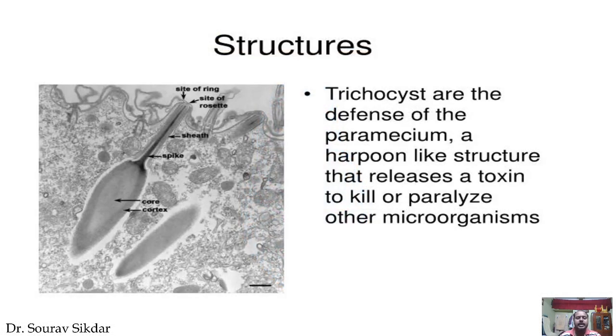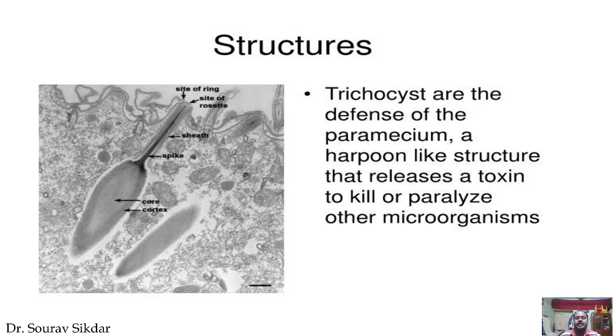Now, the most interior structure of their body and some important features of them is called trichocyst, and it is a spike-like structure present at the interior depth of the cilia and outside of their body.